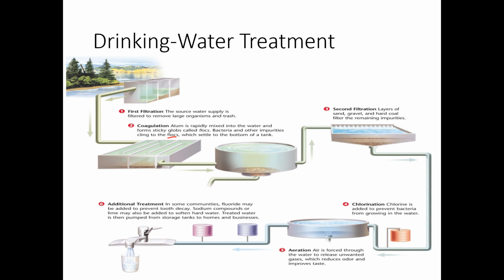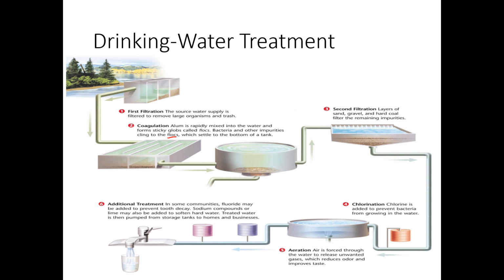And then you go to the second filtration, where you run it through what you would think of as a more traditional water filter, similar to the filter we talked about for groundwater in the previous section, whenever water goes from the surface through the layers of the aquifer, where you have your sand, your gravel, and then your hard coal that can start to filter out some of those impurities.